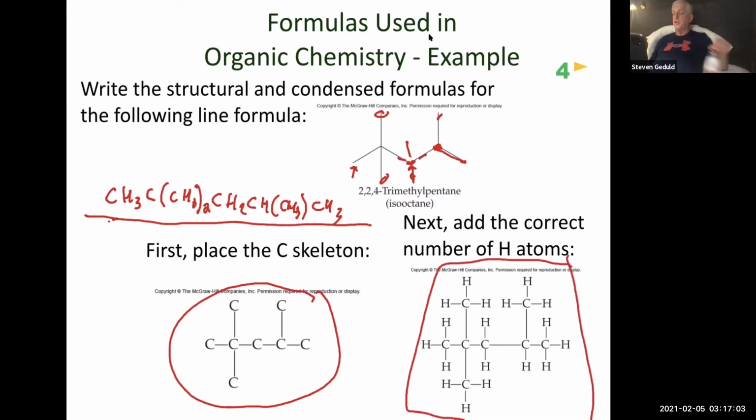That's what the structure looks like. So you need to be able to go between line formulas, condensed formulas, and structural formulas, and go back and forth. So whether I give you a line formula or a structural formula or a condensed formula, you can write the other two for me.